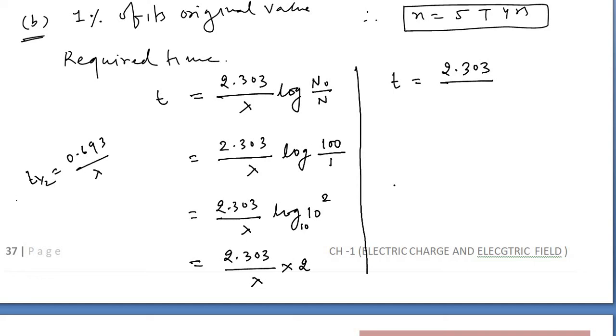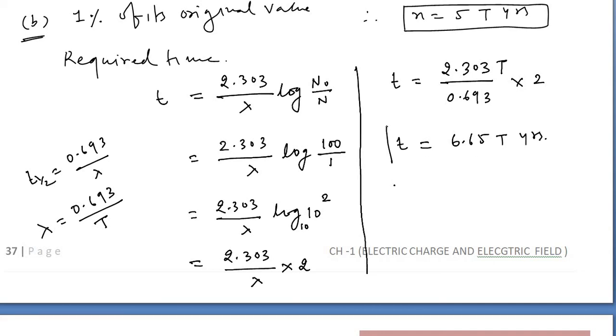So we make lambda the subject: lambda is equal to 0.693 upon t, since the half-life is already given to you as t. After rearranging, we replace lambda by 0.693 upon t, whole multiplied by 2. So we will get the required time equal to 6.65t years. Okay, so dear student, this is the time required to reduce it to 1%. Clear?